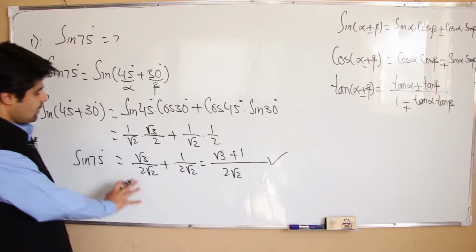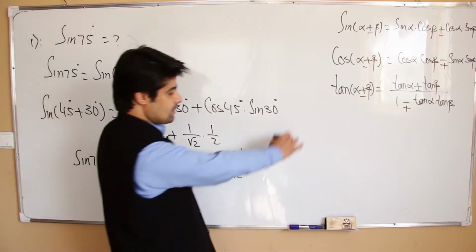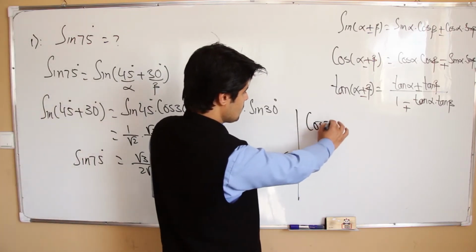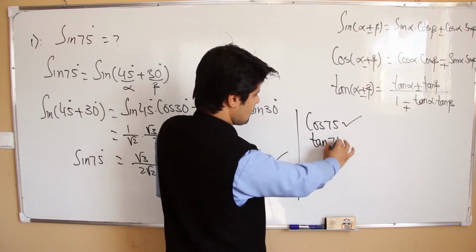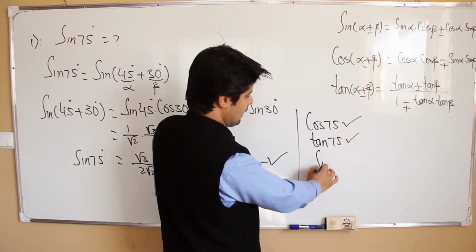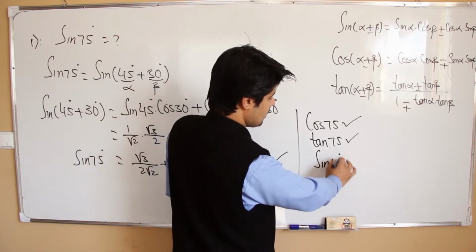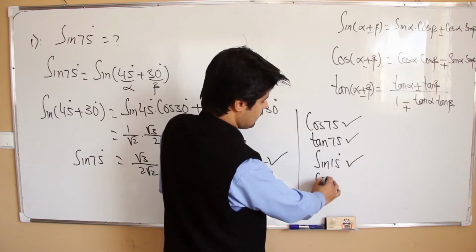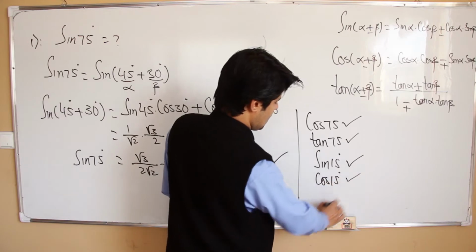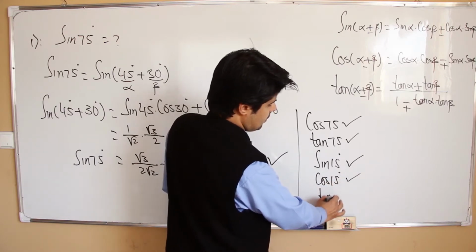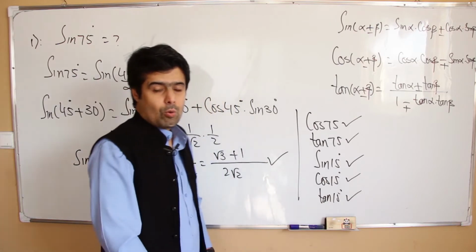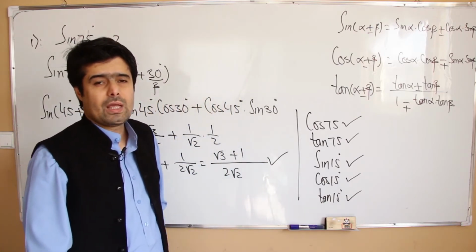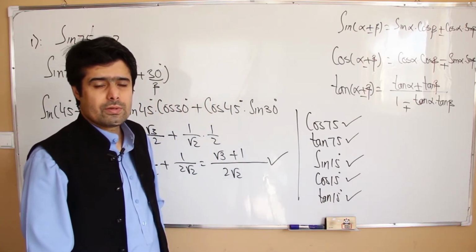Now, like this one, you can define cosine 75 also. Also, you can define tangent 75. Also, you are able to define sine 15 degree, cosine 15 degree, and tangent 15 degree. If I want to talk about 15 degree, what are the differences or sums of angles which give 15?